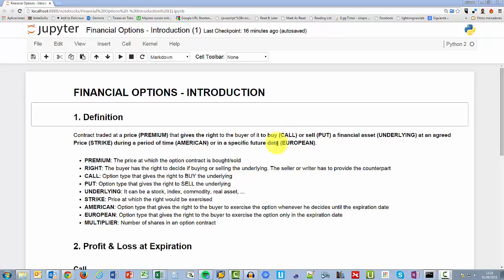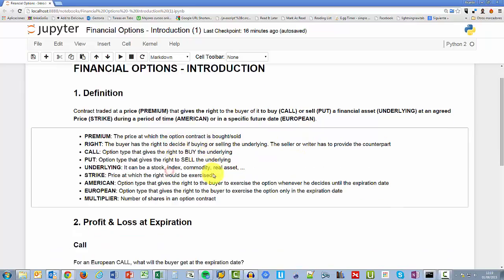While if we are using a European option style, we cannot exercise this option, either a call or a put, until the exercise date. Normally, American option styles are used for stocks and European ones for indexes.